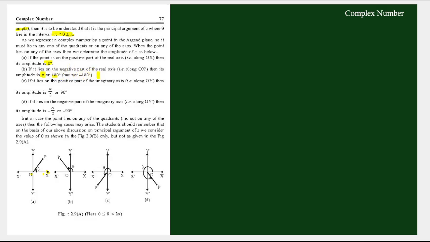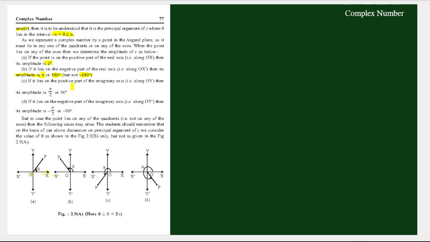If it lies on the negative part of the real axis OX dash, then its amplitude is 180 degrees, or pi. It comes from here to here. It is not minus 180 degrees.